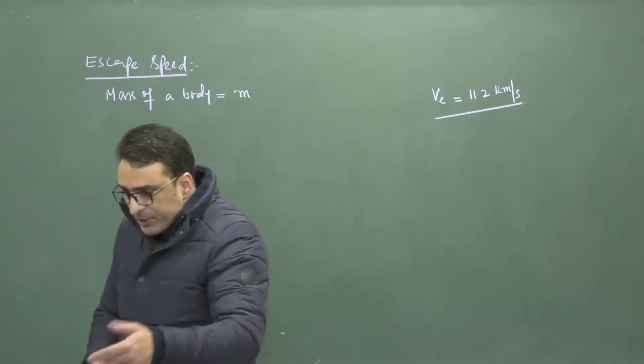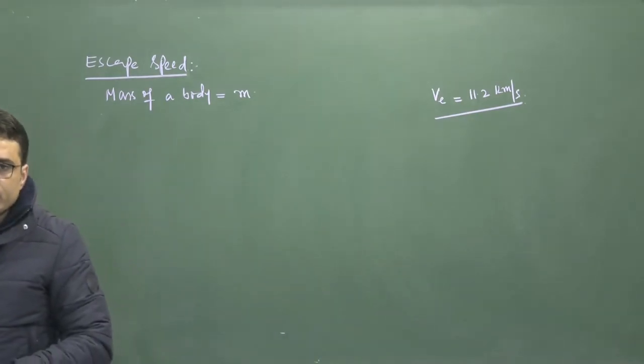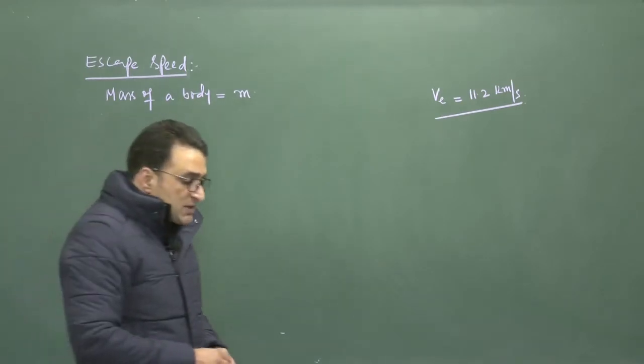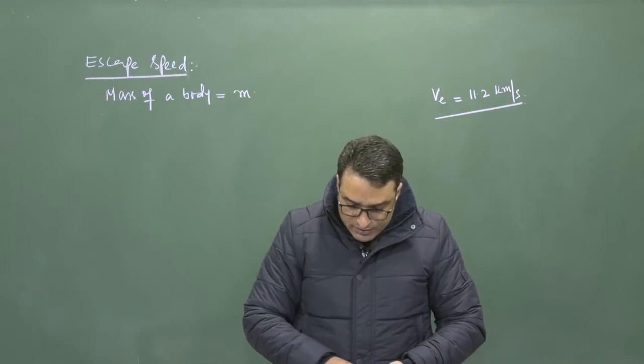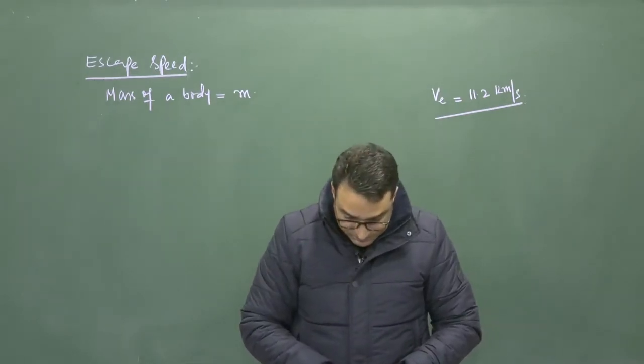Now, you might know that at infinite distance from the surface of Earth, the gravitational potential energy also becomes 0.